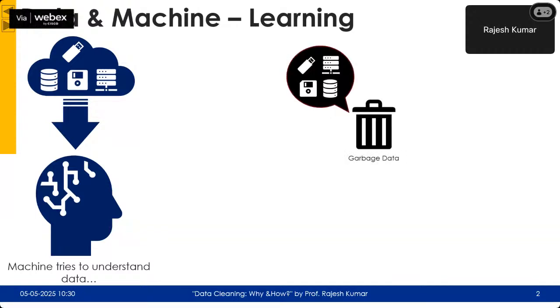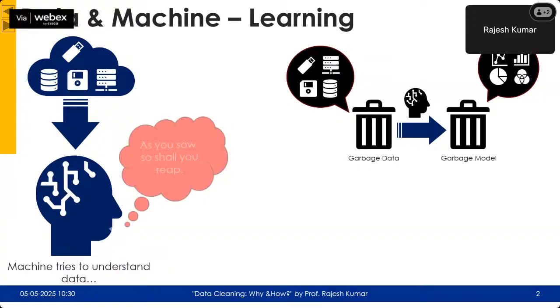If we are feeding garbage data, meaning data which is not good, then the machine learning model learns from it and generates a garbage model. It will have a lot of issues in the form of accuracy, identification or prediction.